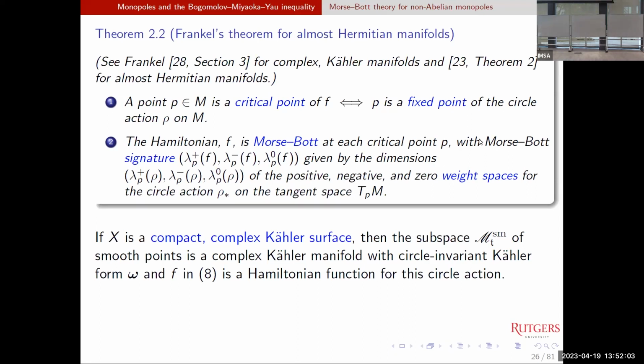So this is particularly useful when the base manifold happens to be a Kähler surface. Then you can show that the moduli space of the module has a complex circle action. And aside from singularities, the case for computing these indices.